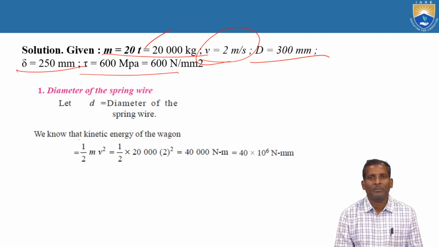So first, the diameter of the spring wire. How do you calculate the wire diameter? By using the kinetic energy of the rail wagon.